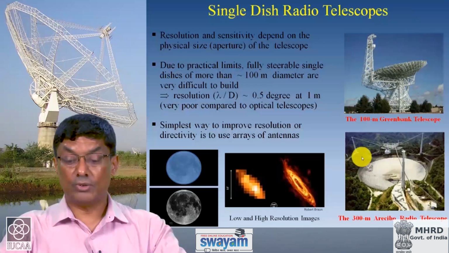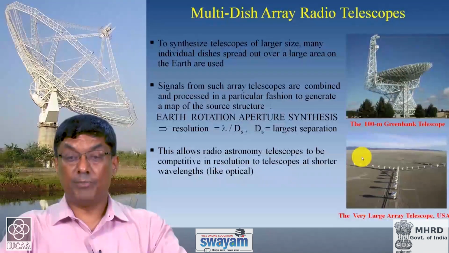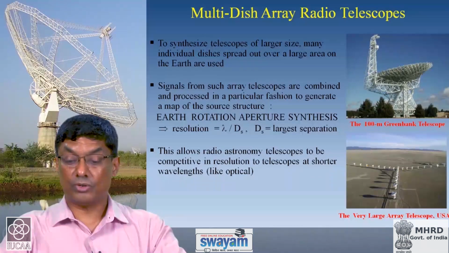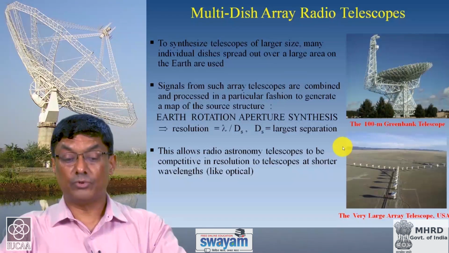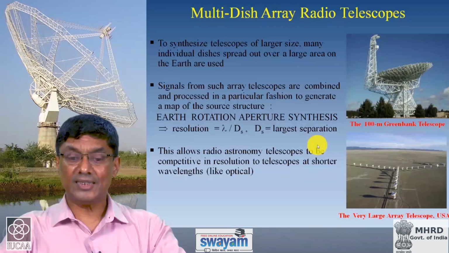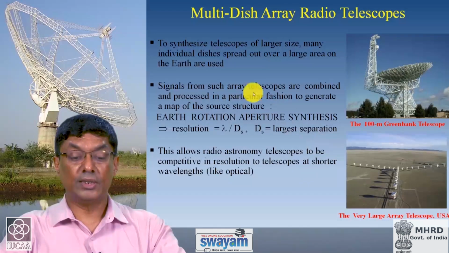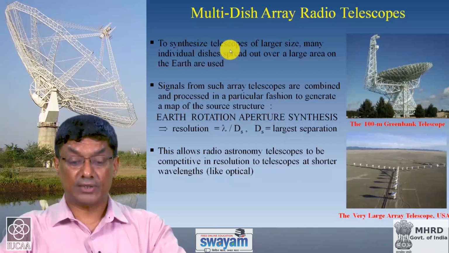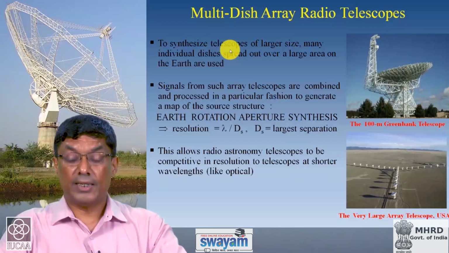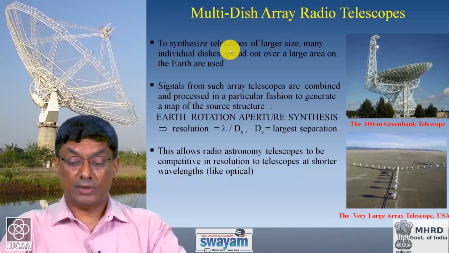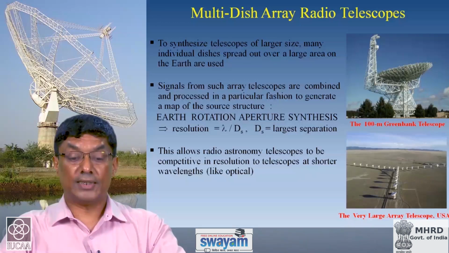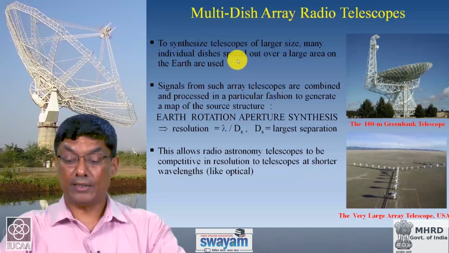So that's not very good, and it took a while before it was discovered that you can actually synthesize a telescope of large size, as far as resolution is concerned, by spreading out many smaller individual antennas over a large area.